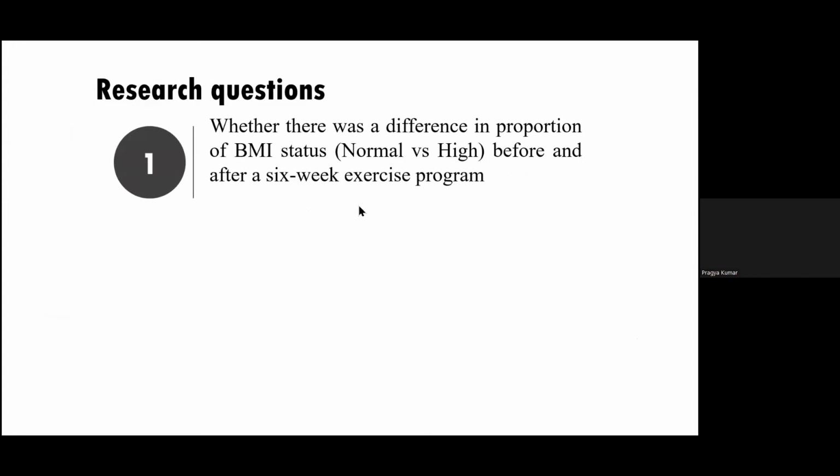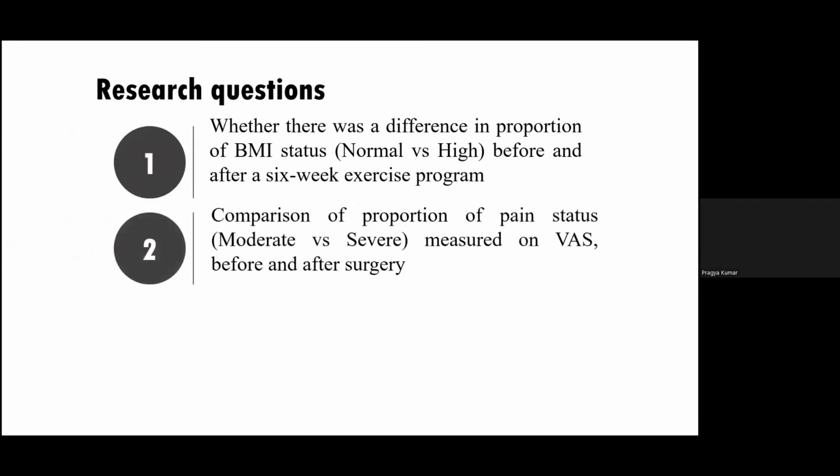So before and after a 6 week program, what is the status of the BMI? Another example is comparison of proportion of pain status. Again, the pain status has been categorized as moderate versus severe, and I have measured at two times, before surgery and after surgery. So it is a 2x2 table.